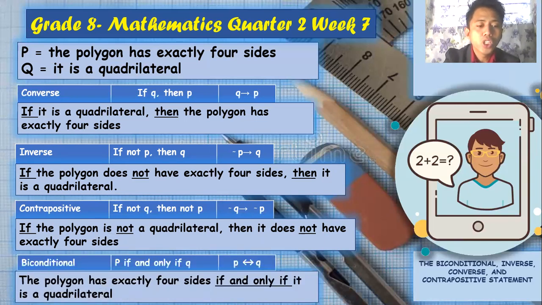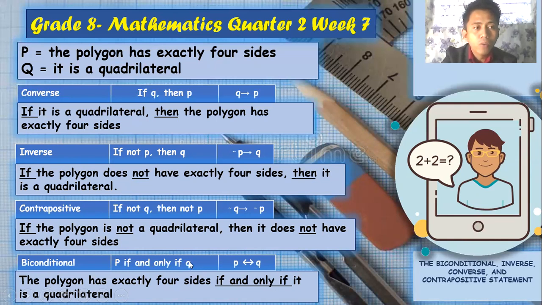How about the biconditional? For the biconditional, we have the pattern P if and only if Q. So let's use this pattern. What is our P? The polygon has exactly 4 sides. So that's why we have the polygon has exactly 4 sides here, followed by if and only if. So that's why we have if and only if here.